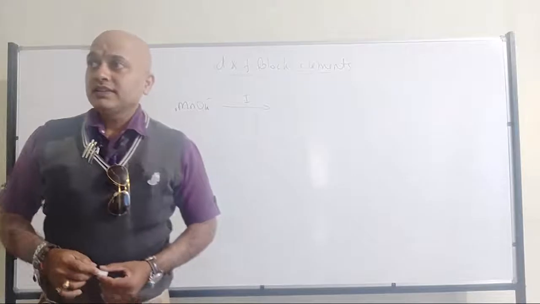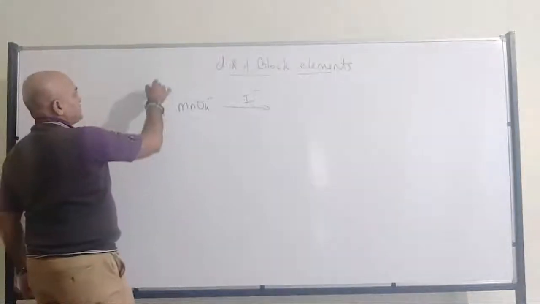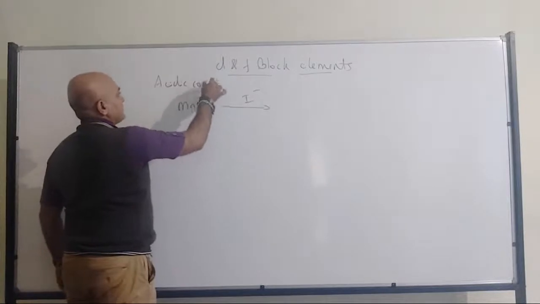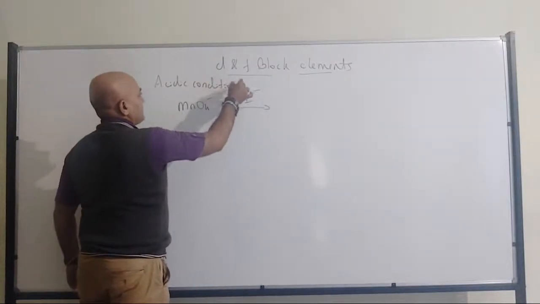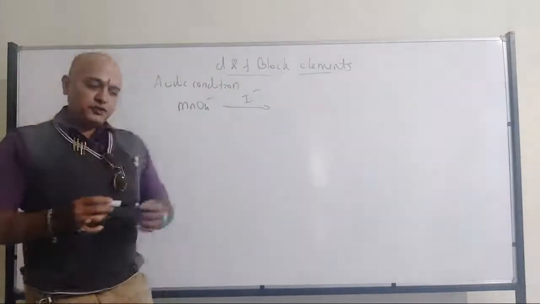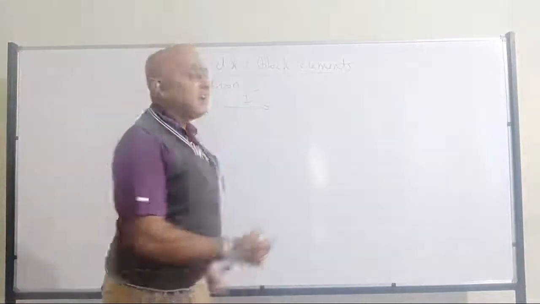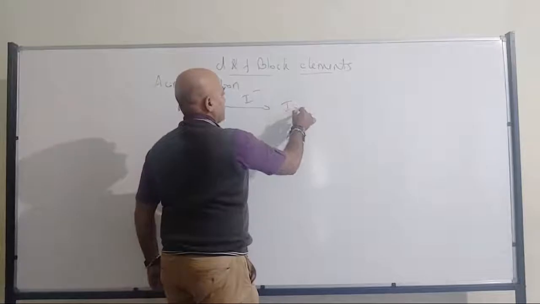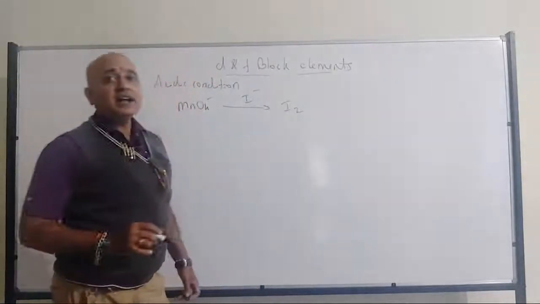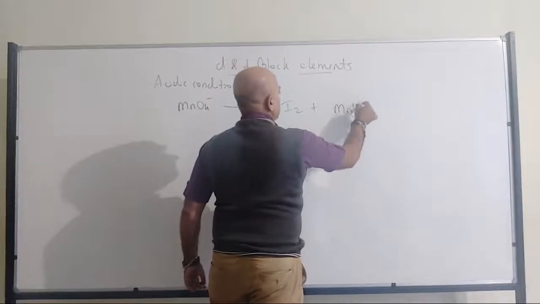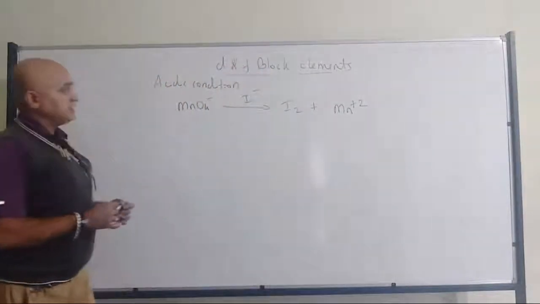First we will talk about acidic condition. Only the major product we will talk about. It is an iodine molecule. Iodide will become iodine molecule, and this will become Mn plus 2.